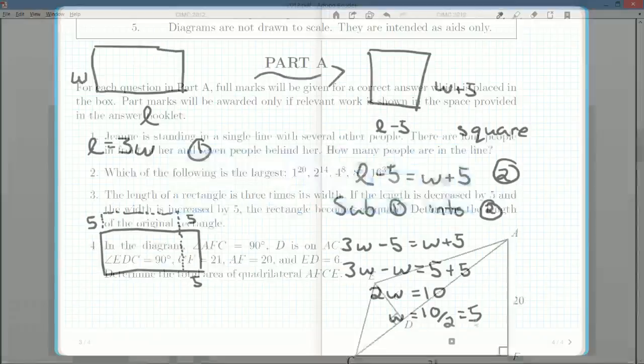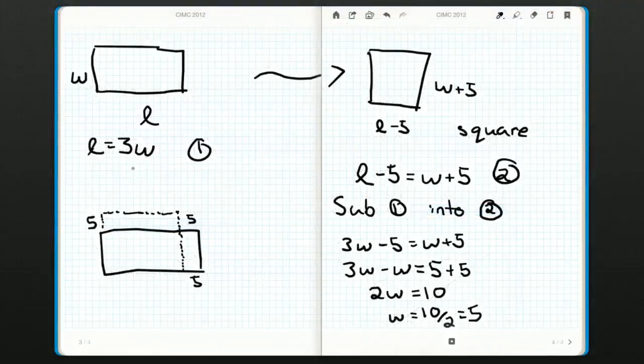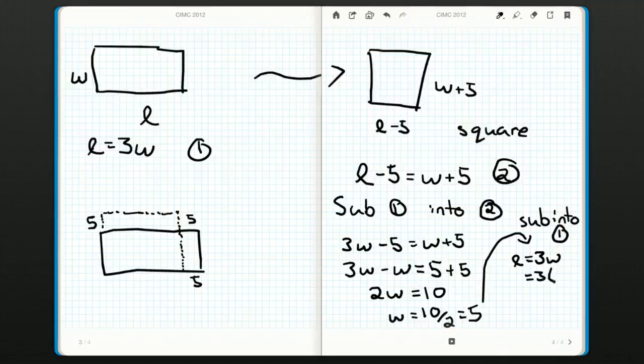But we're asked to determine the length of the original rectangle. All we have is the width, but we know right over here that the length is 3 times the width. So we can put this back in equation 1, and we know the length is 3 times the width, which is 3 times 5.